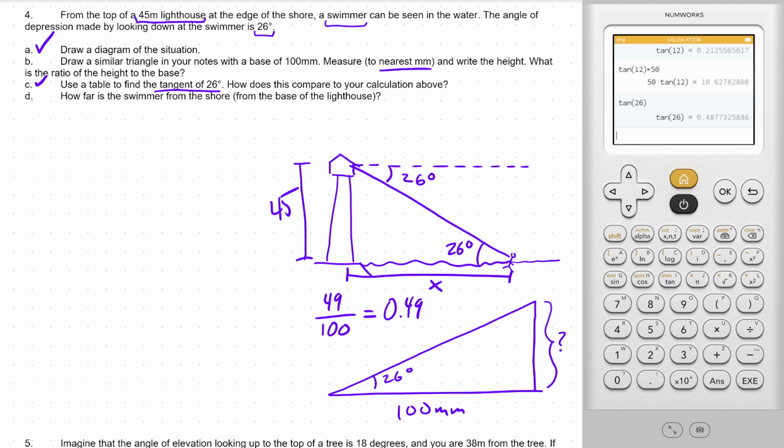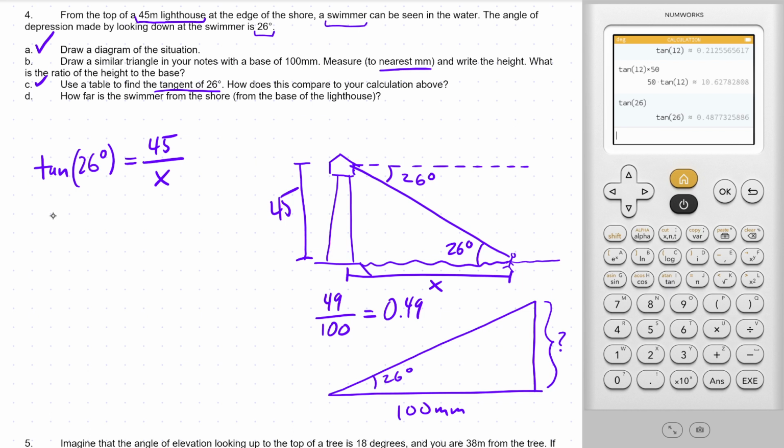And so we can say, okay, the tangent of the angle, 26 degrees, is equal to the slope, the rise over the run. Well, the rise is 45, and the run is x.